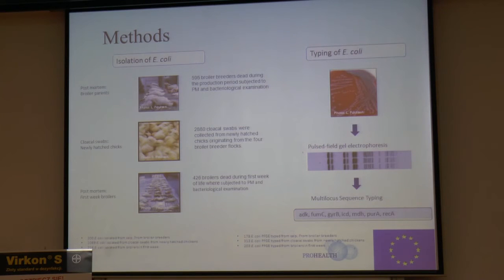We made cloacal swabs from the newly hatched chickens from these breeder flocks, and we obtained, of course, E. coli isolates from the broiler houses associated with this first week mortality, isolated the E. coli, made the genetic characterization, and obtained a very comprehensive data set in this respect.